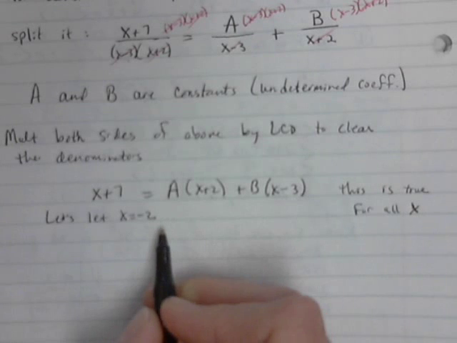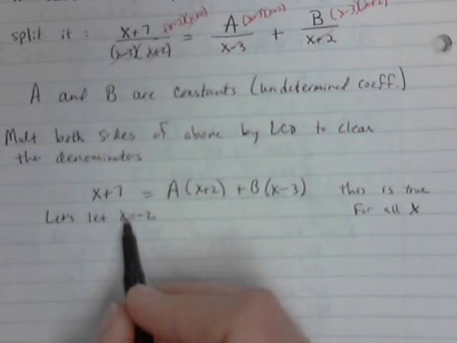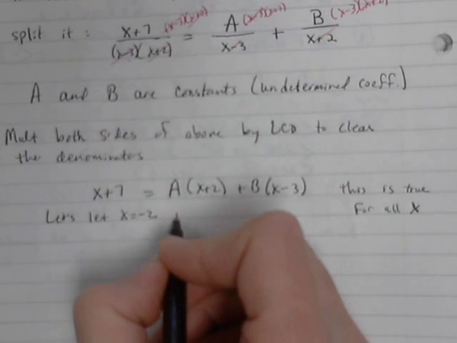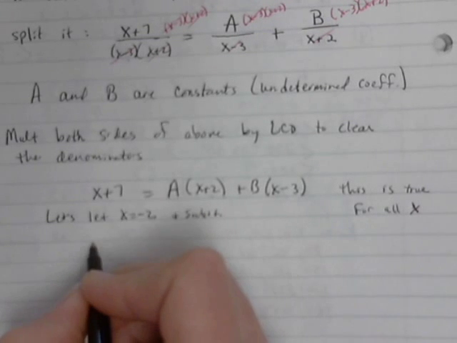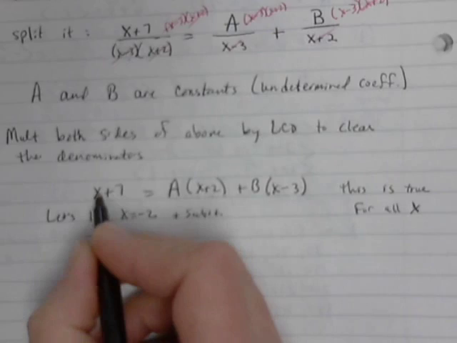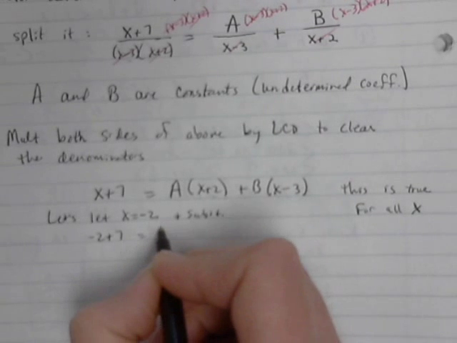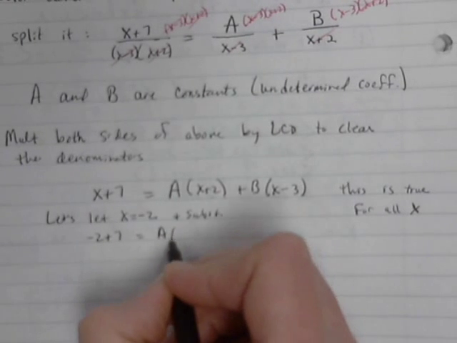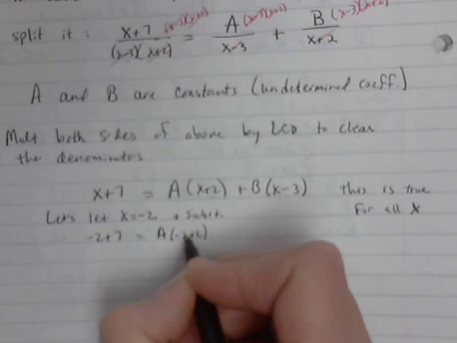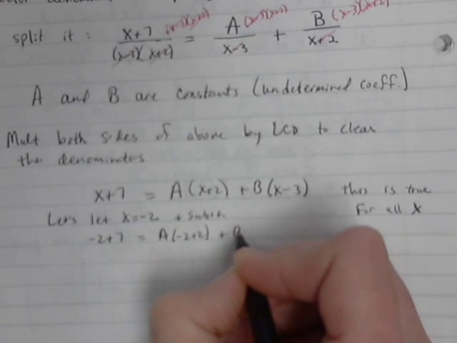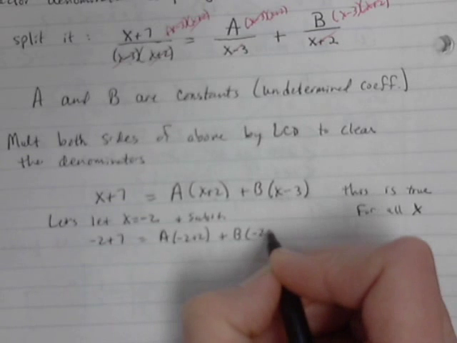If we let x equal -2 and we substitute it into the equation, we get -2 plus 7 is equal to a times -2 plus 2, which is 0. I chose -2 to make this go to 0, plus b times -2 minus 3.